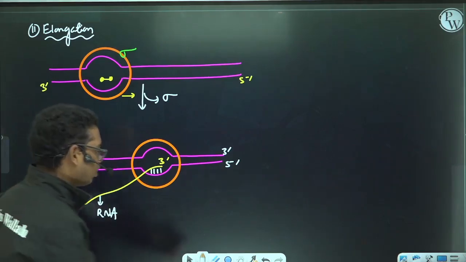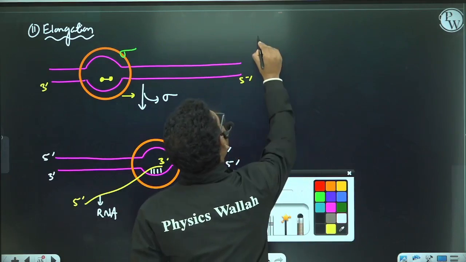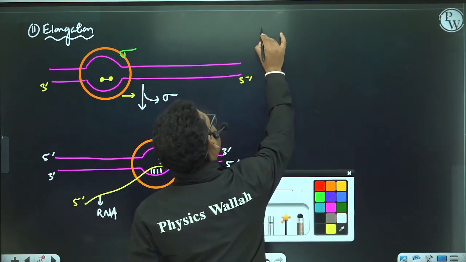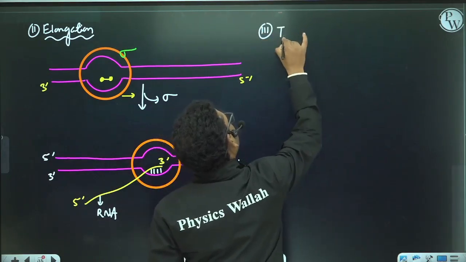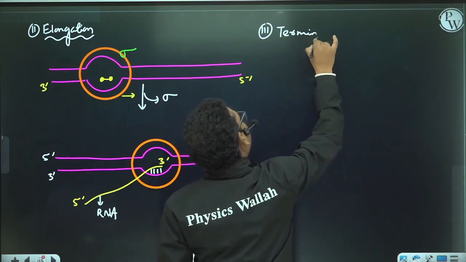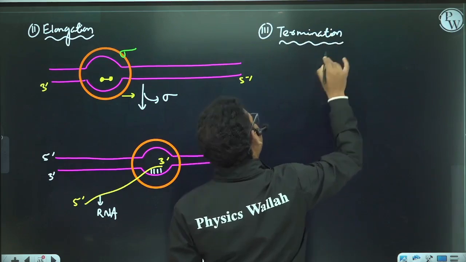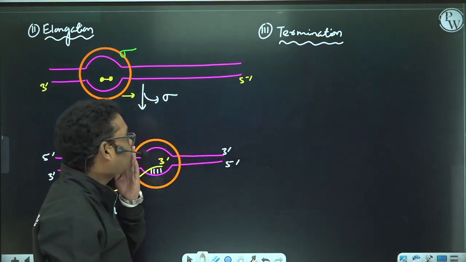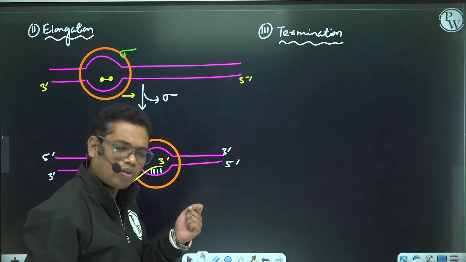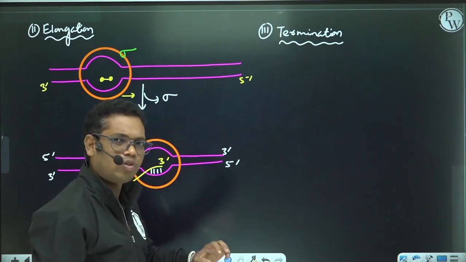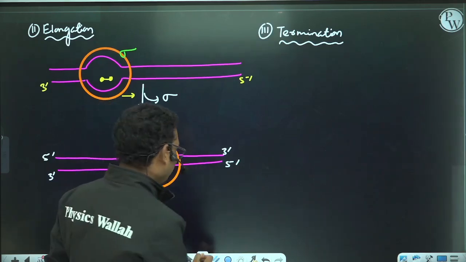Okay, what about termination then? Let me explain that part here also. So the termination is of two types, but here I will talk only about the rho dependent termination. Rho independent termination also takes place, but here I will talk only about the rho dependent termination.